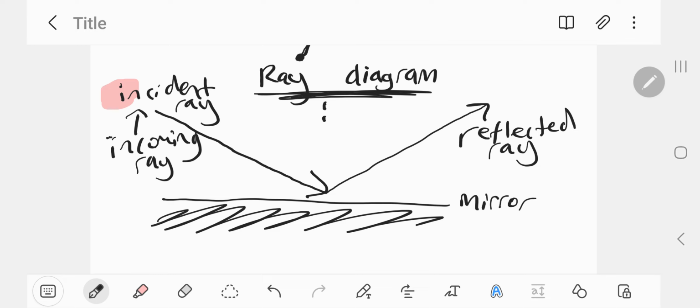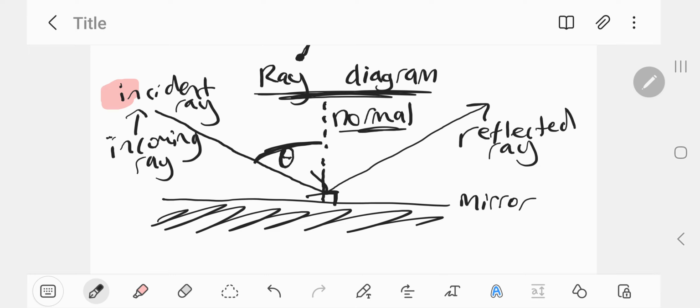Now, we typically draw a dotted line that's at 90 degrees perpendicular to the mirror. This is called the normal. In physics, normal means anything that's at 90 degrees. It's an imaginary line at 90 degrees to the mirror. And the angle between the incident ray and the normal, that's called the angle of incidence. And in physics, we give it the symbol theta. Sure, in maths, you know what theta is. Theta stands for angle.